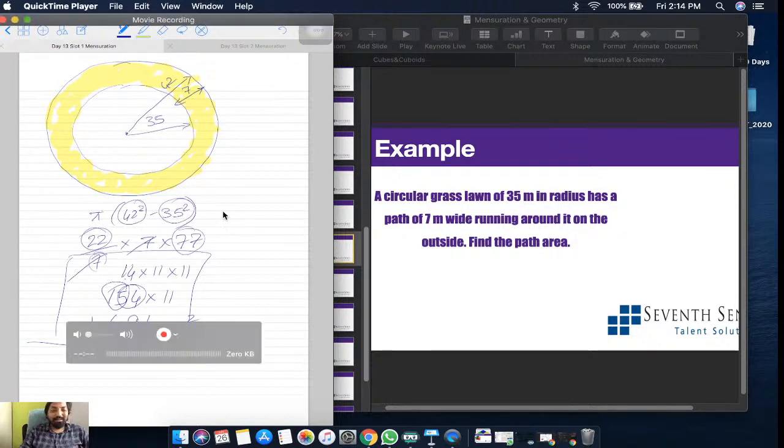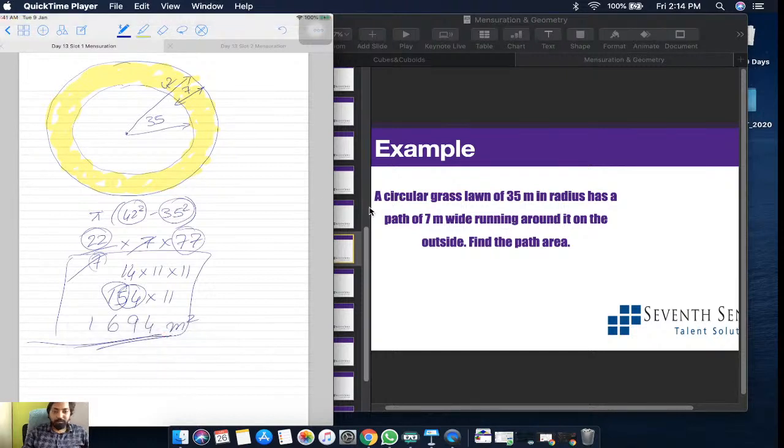I hope you got it. I used a minus b is 7, a plus b is 77, so I cancelled the 7s. This number has 2, this number has 7, 2 into 7 is 14. Both the numbers have 11.